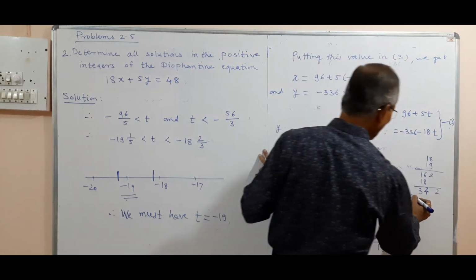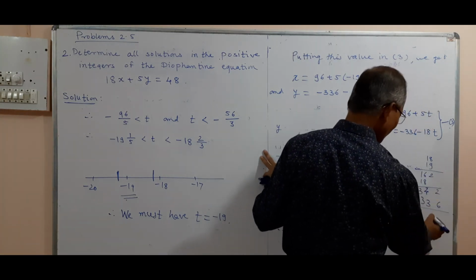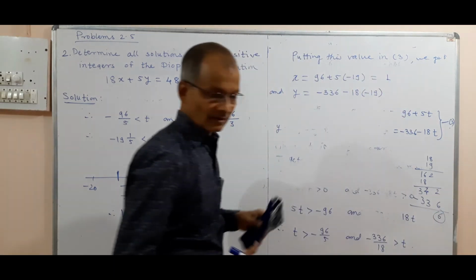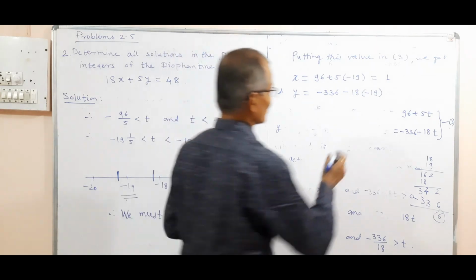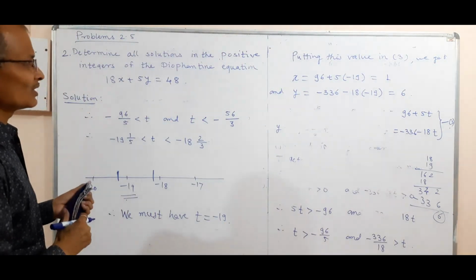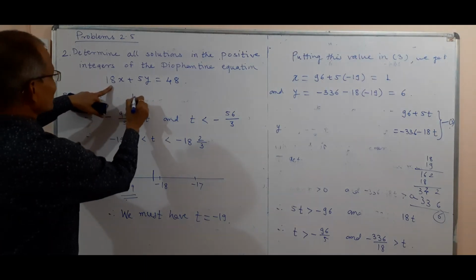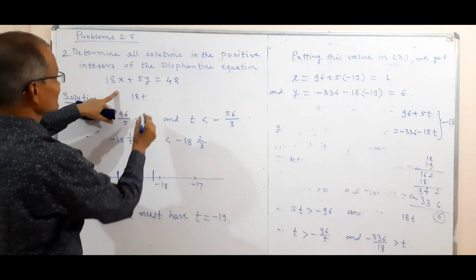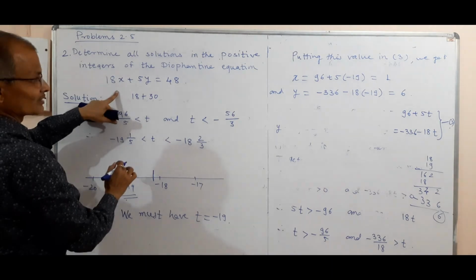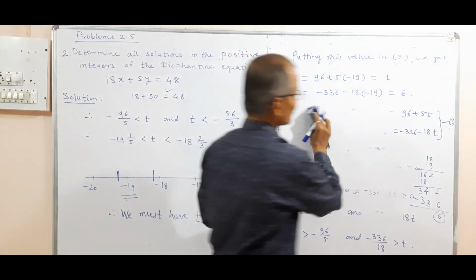So 342 minus 336 comes to be 6. So y is equal to 6. Check whether the solution is now correct. Put x as 1, then this is 18, and y is 6. 5 into 6 is 30, and that makes 48. So it is right, and y is equal to 6.